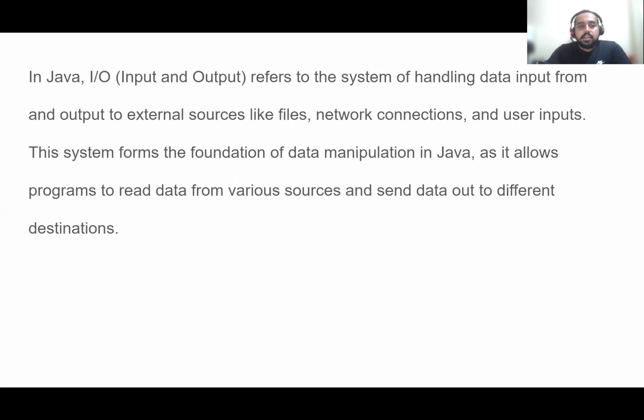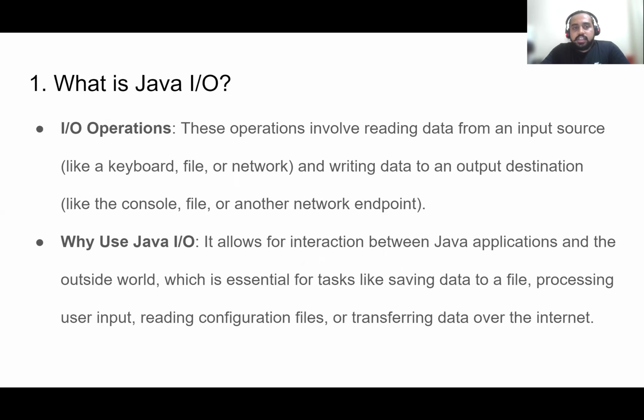This system forms the foundation of data manipulation in Java, as it allows a program to read data from various sources and send data out to different destinations. So what exactly is Java IO? First of all, understand what IO operations are.